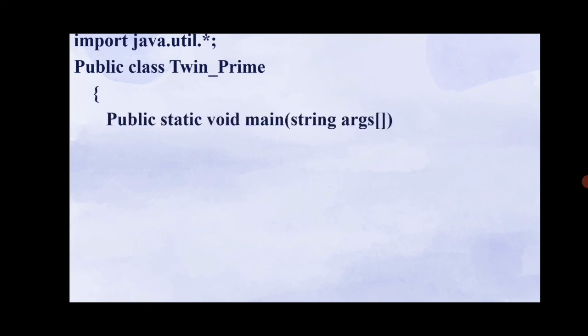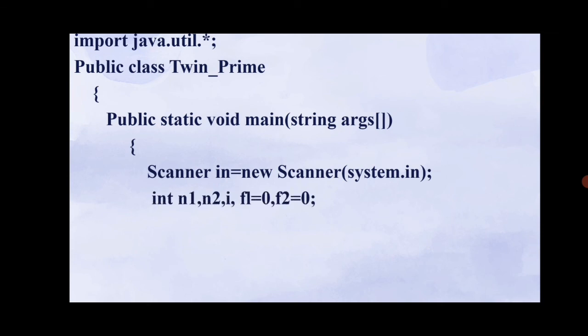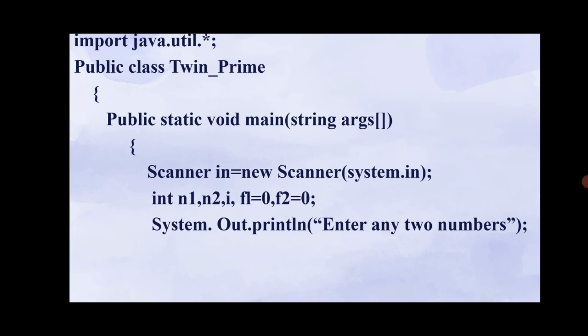Public static void main (String args[]) open braces. Scanner in is equal to new Scanner(System.in). Next, the variables are n1, n2, i, f1 is equal to 0 and f2 is equal to 0. We are initializing f1 and f2 with 0.